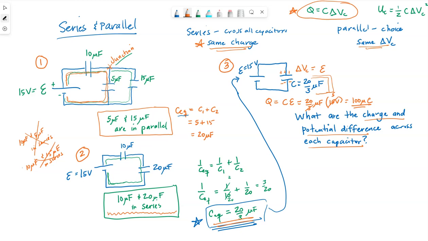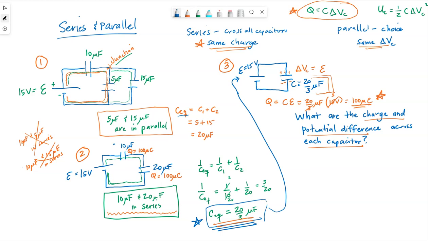And that charge is the charge that their equivalent capacitance has. So we calculated over here in circuit 3 a charge of 100 microcoulombs. That means I can come to my capacitors over here in circuit 2 and say that both of these capacitors individually are storing a charge of 100 microcoulombs. They have to have the same amount of charge.